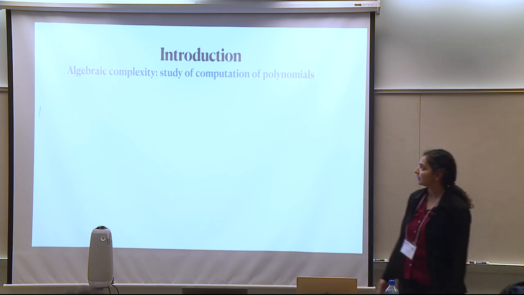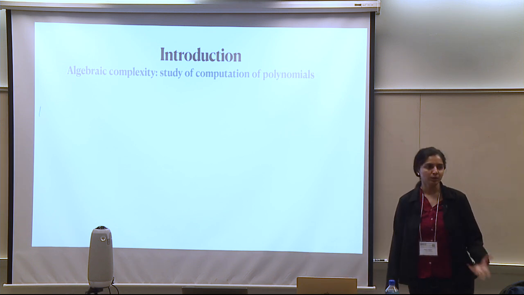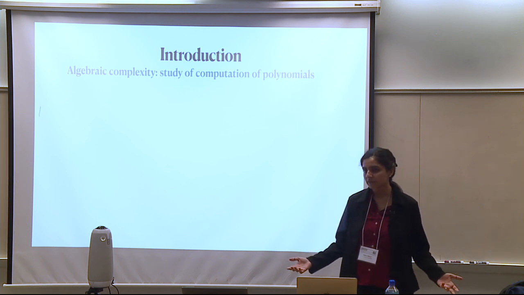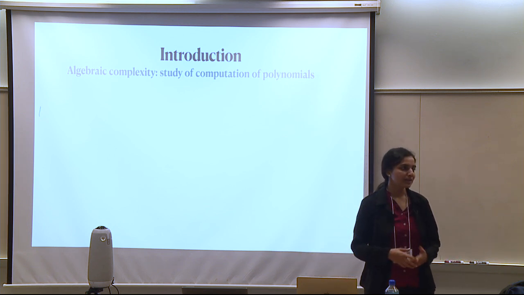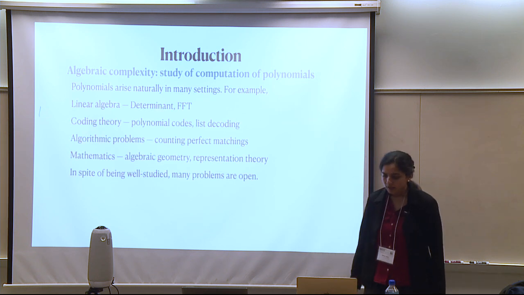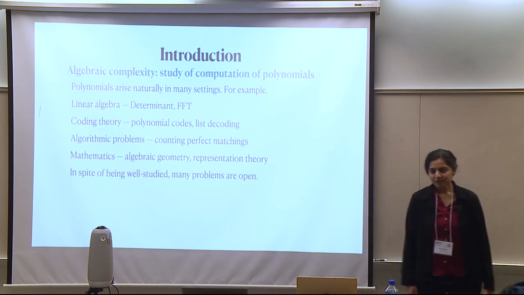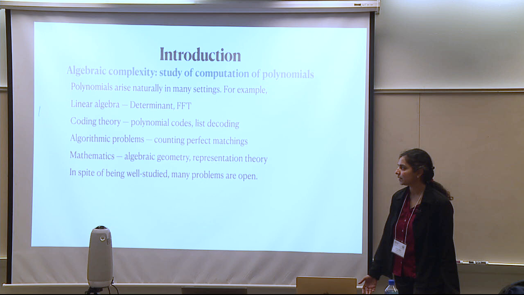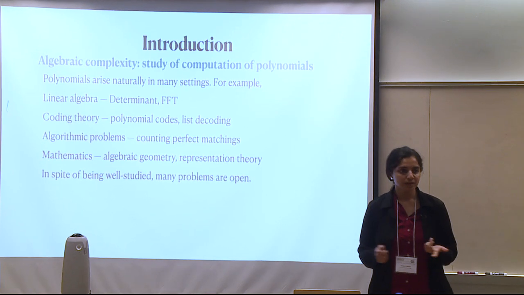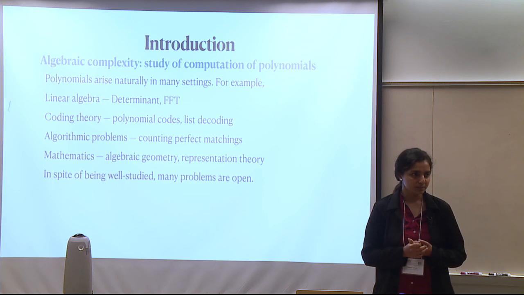Algebraic complexity theory is the study of polynomials. You just want to understand how difficult certain polynomials are and why certain polynomials are easy to compute. And why would one care about polynomials themselves? I would say it's because they come up very naturally in many other areas of complexity and algorithms.